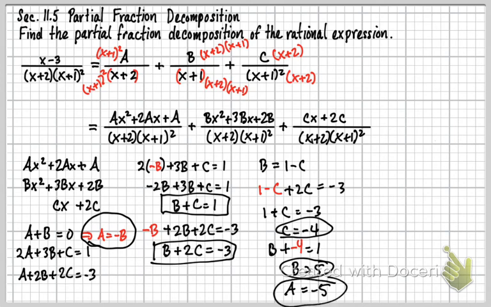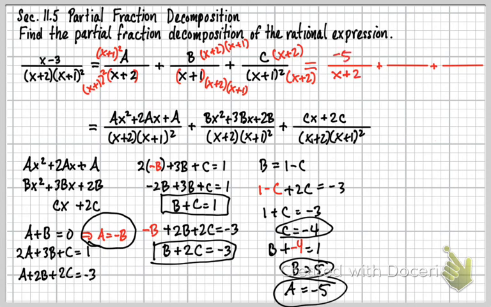So now that we have all three of them, all we have to do is set them up in our equation. And I'm just going to do that right up on the very top here. And I'll do it in a red for our answer. So this is going to equal my x plus 2. And then my a turned out to be negative 5.